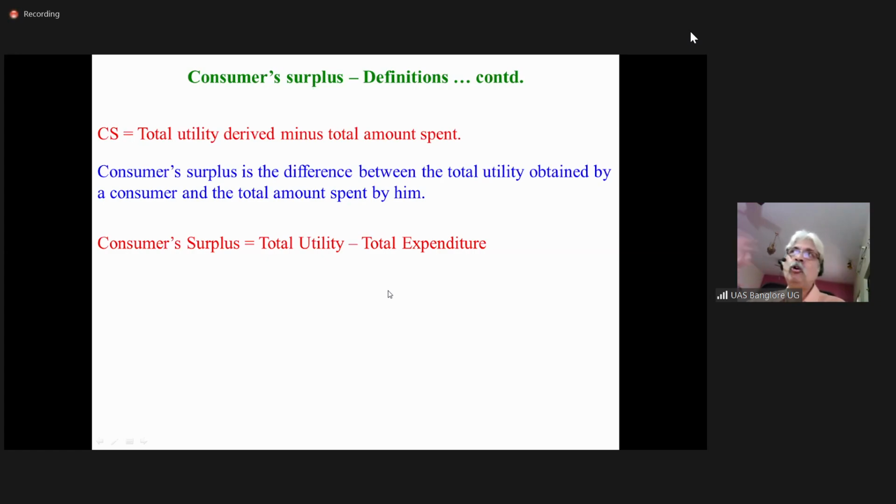The third mango you consume, you will get, say, 5 utils. So how much is the total utility? First fruit, marginal utility 15 utils. Second fruit, 10 utils. The third fruit, 5. So 15 plus 10, 25. 25 plus 5, 30. So total utility is 30.